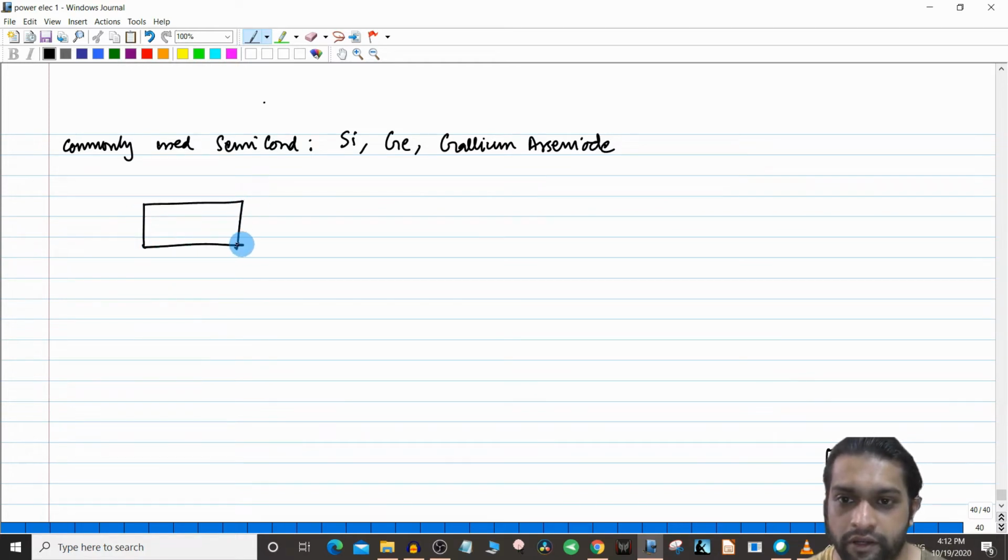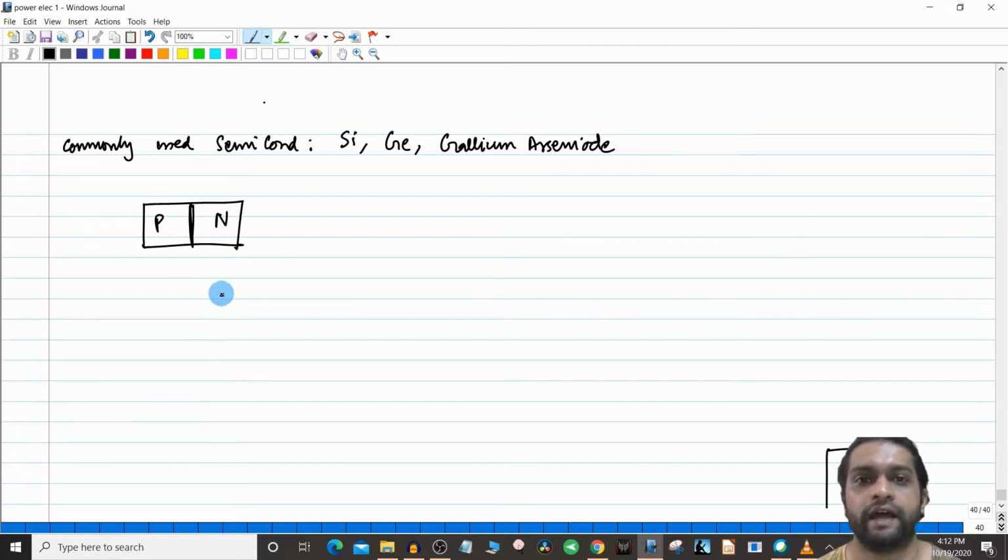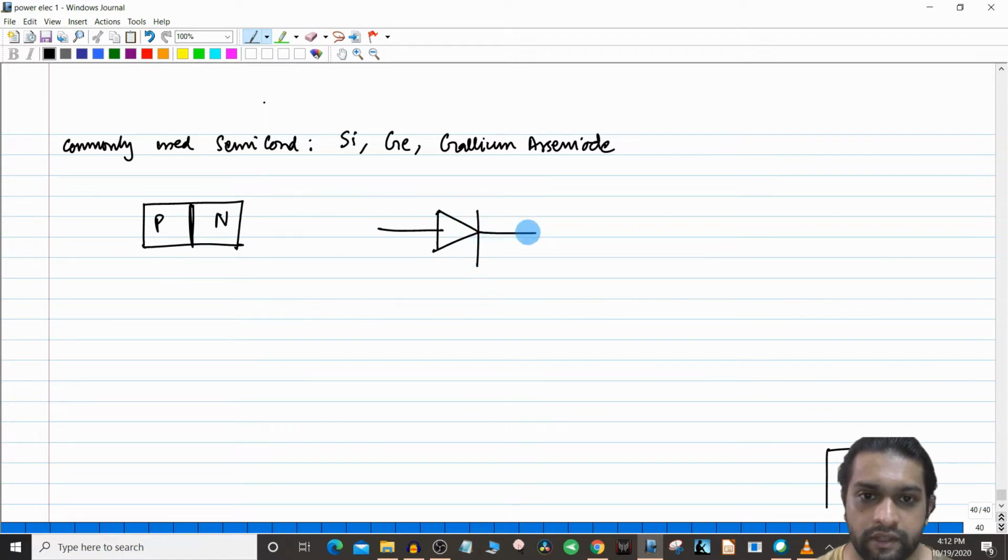So here you have p type and n type material, and this is your diode. Schematically, if you draw the symbol, it looks like this. This is the anode side, this is the cathode side, and the direction of the arrow shows the direction of the forward current, which is usually represented by ID. Here you have the voltage across the diode, VD.